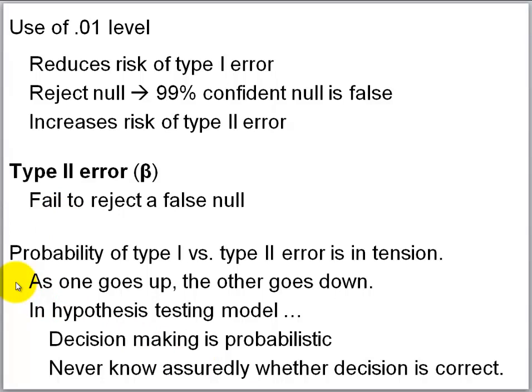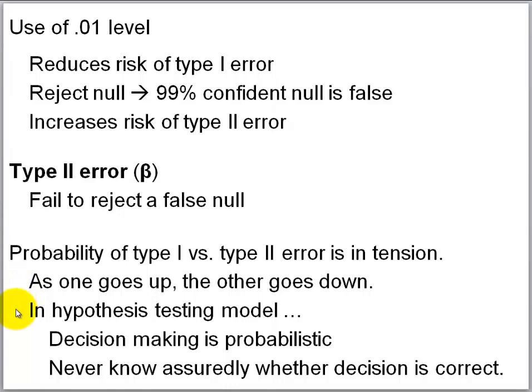As the probability of one goes up, the probability of the other goes down, which is basically to say, if you use the 0.05 level, you are increasing your risk of type 1 error, but reducing that of type 2, and vice versa. If you use the 0.01 level, you're reducing your risk of type 1 error, but increasing that of type 2.